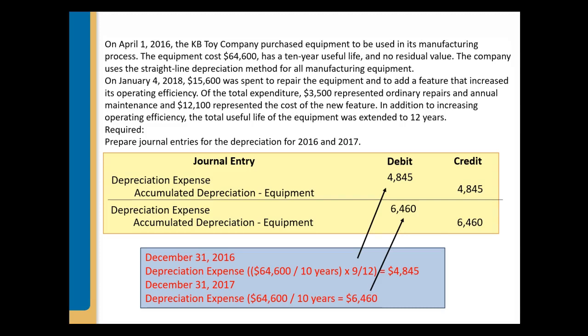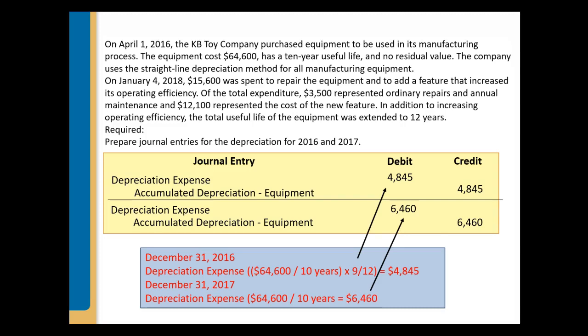In addition to increasing operating efficiency, the total useful life of the equipment was extended from 10 years to a 12-year useful life. Prepare the journal entries for the depreciation for 2016 and 2017.